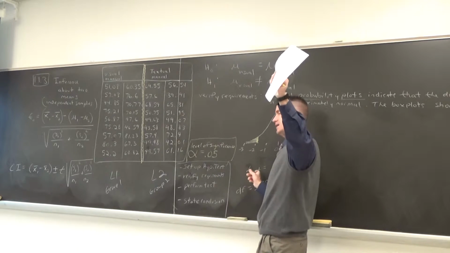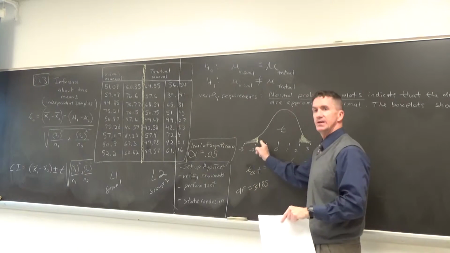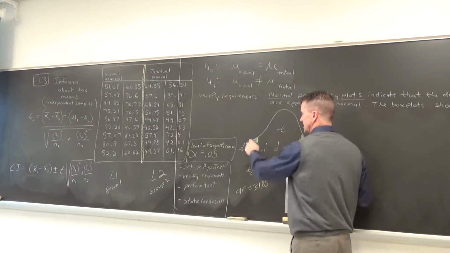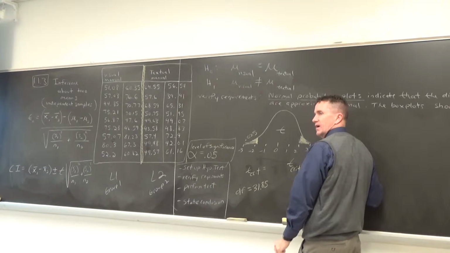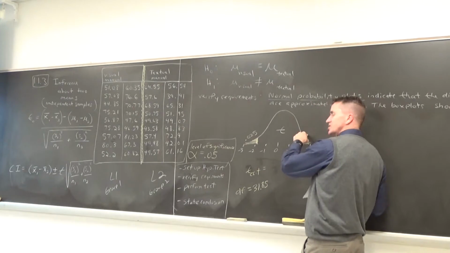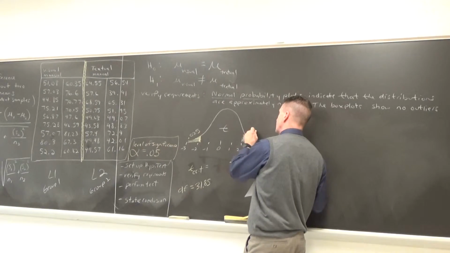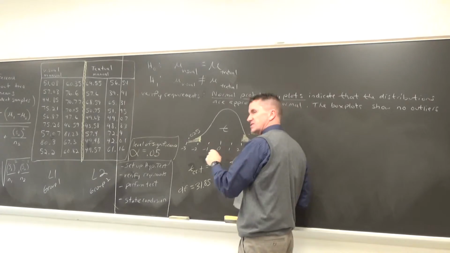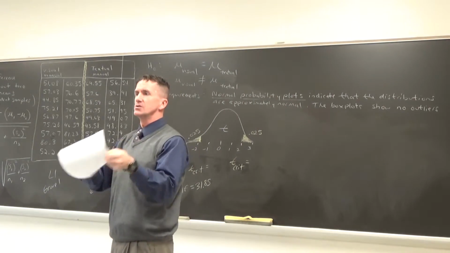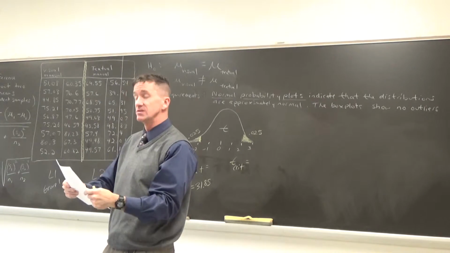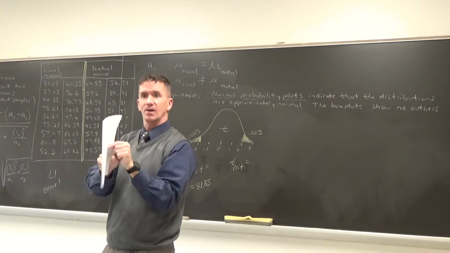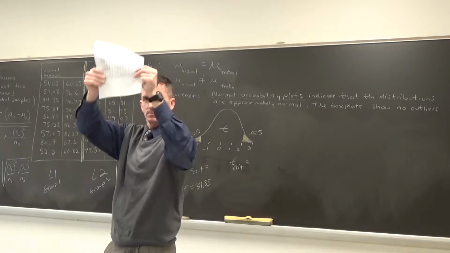But when I'm trying to get my t-crit off this table, it's two tails, isn't it? So how much is in that tail? 0.025, 0.05 divided by 2. What area is in the other tail? Same, 2.5% each tail. So I'm going to look at 0.025, match it up with degrees of freedom 30.